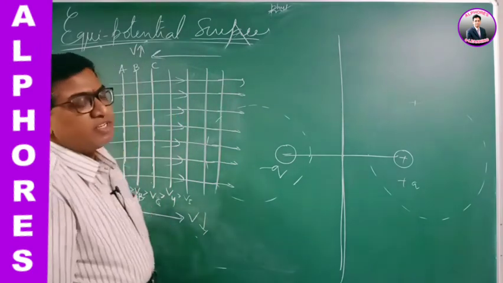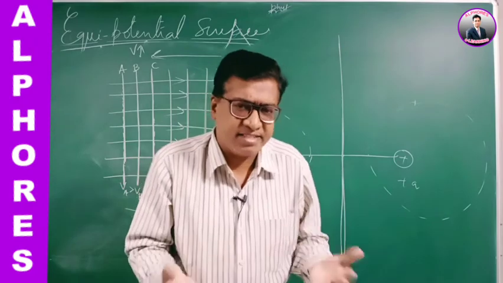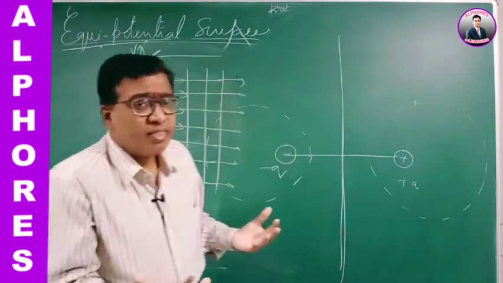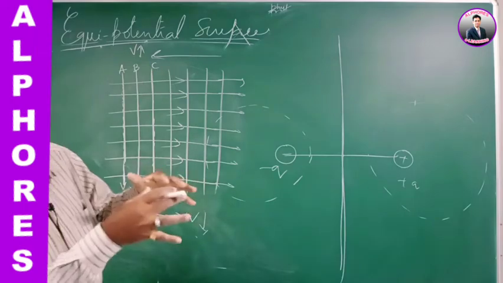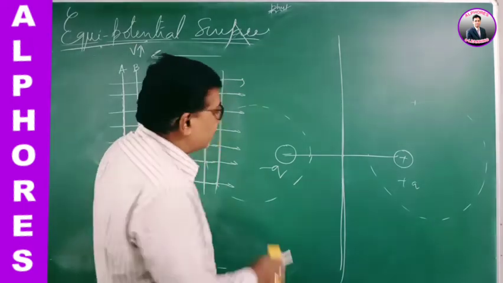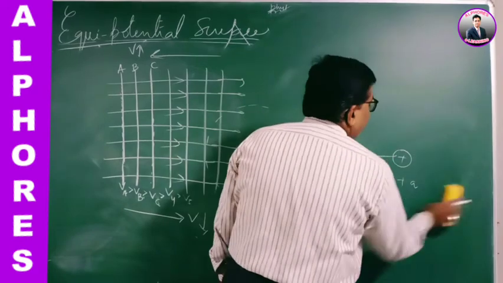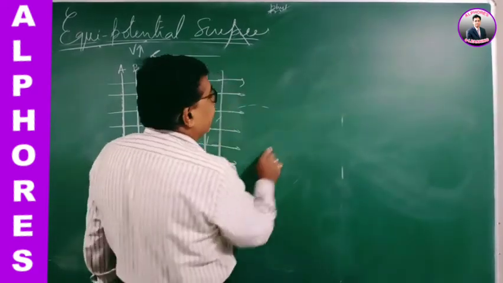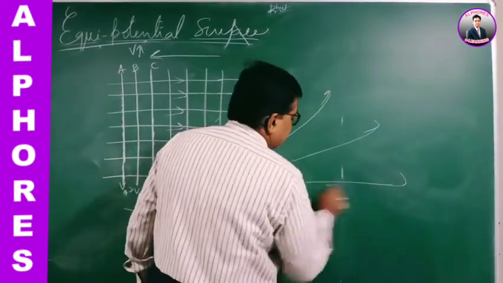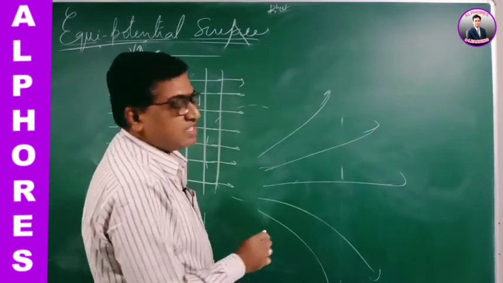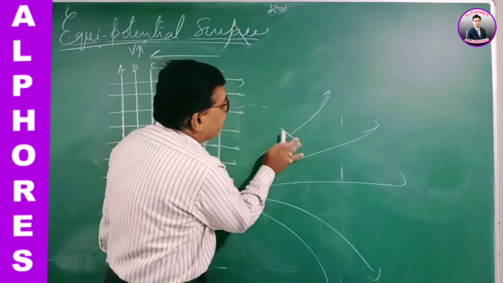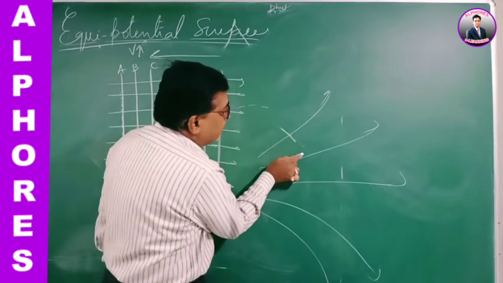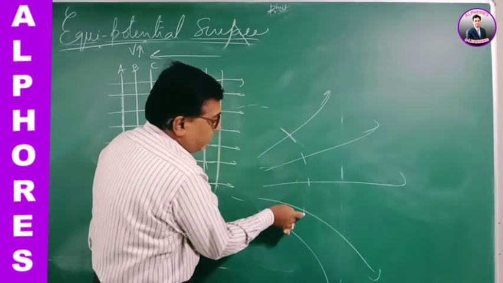So equipotential surfaces can be parallel planes like this or concentric spheres. For a non-uniform electric field, suppose I consider a diverging field, the equipotential surface is a curve, because at any point if I draw it, the surface will be perpendicular to the line of force.